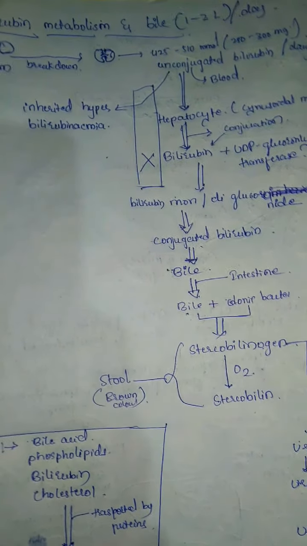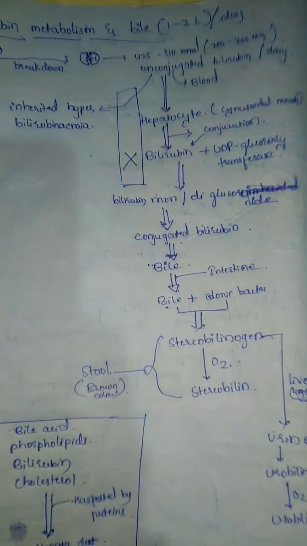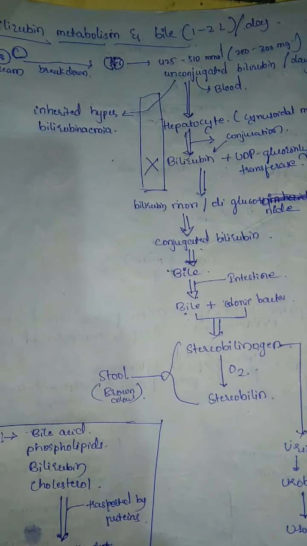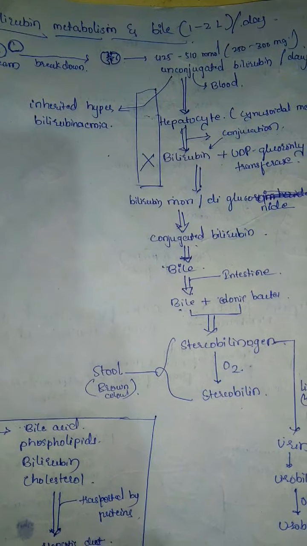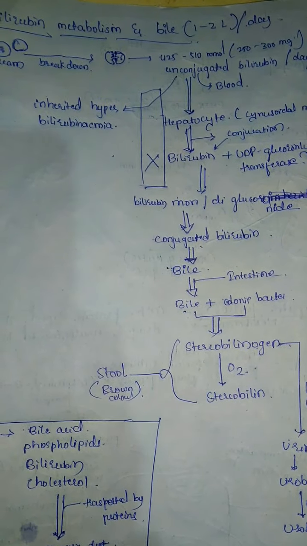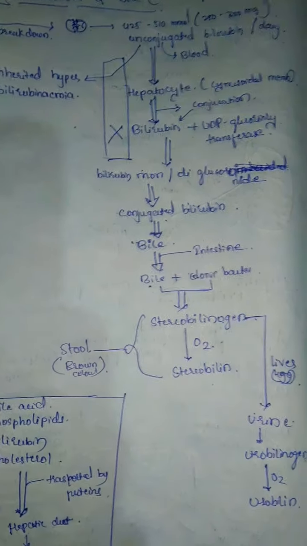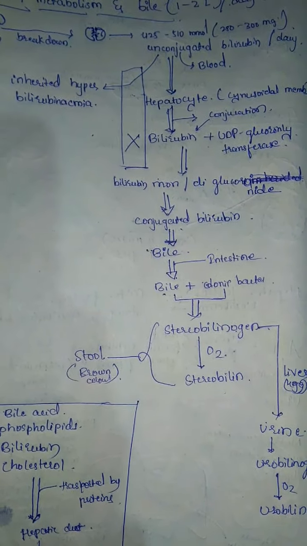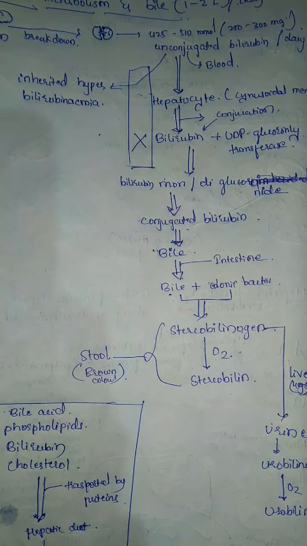Pathology such as blockage of the biliary system results in a reduction of stercobilin in the stool, and the stool becomes pale. Here the bilirubin reduces, so the brown color does not exist, and the stool becomes pale.